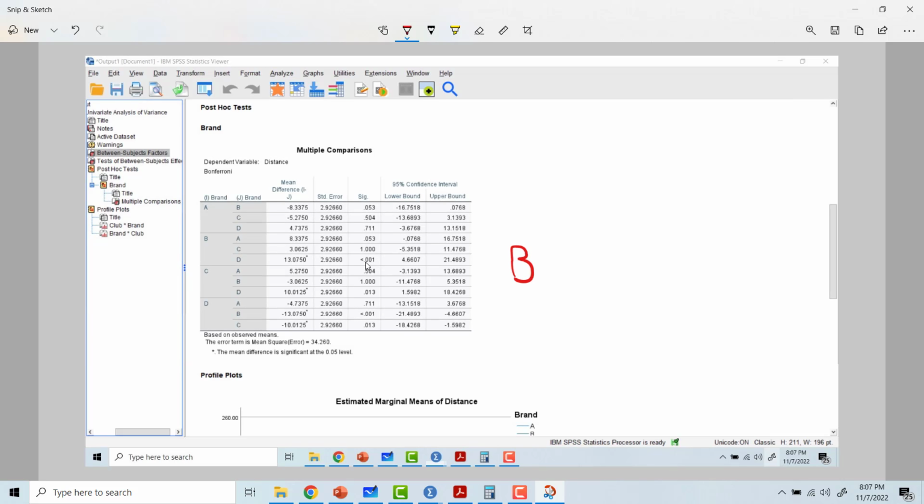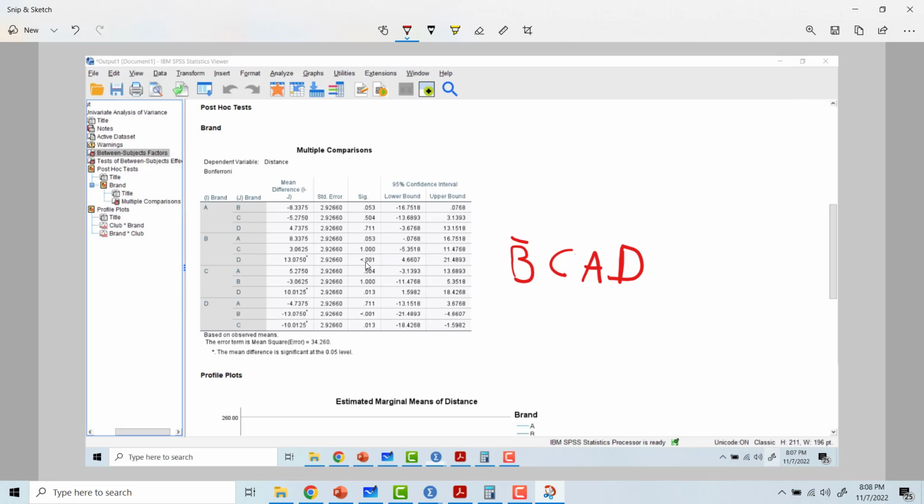Now, if we look at this, the only one where it's significantly different is between B and D. We've got a difference of 3 to C and a difference of 8 to A, and none of those are significant here, because B and A goes through 0, C and B goes through 0, but D, which is the biggest difference, is significant.